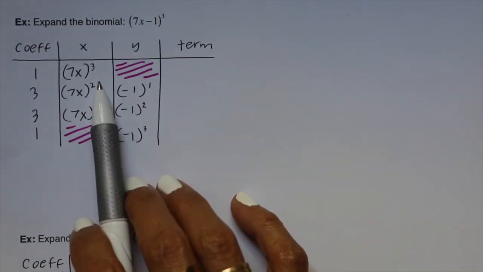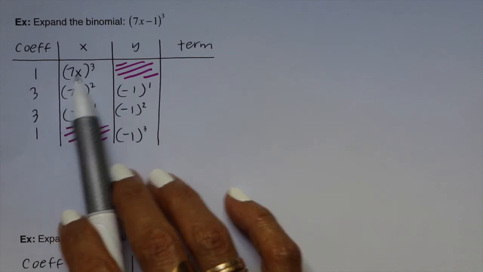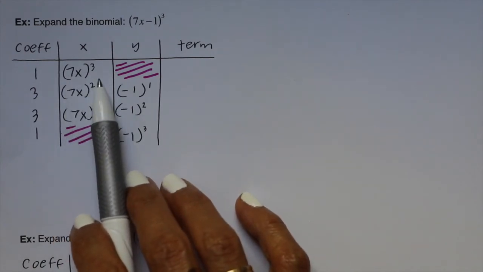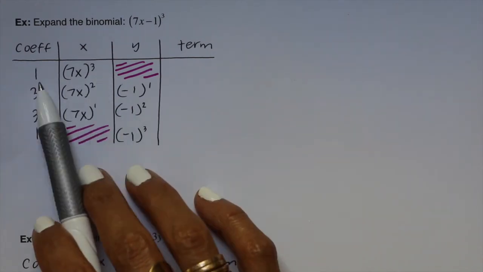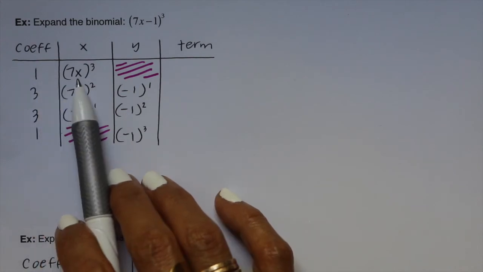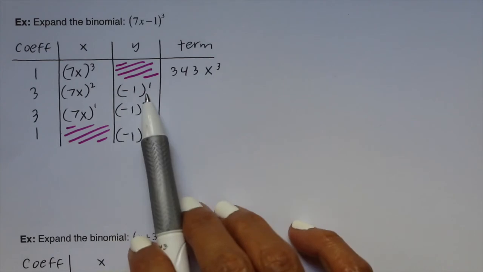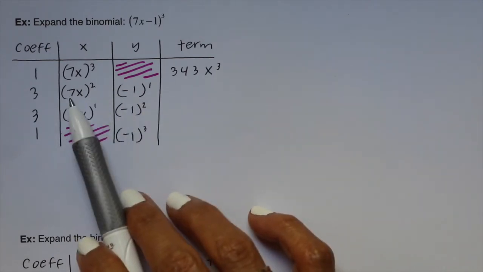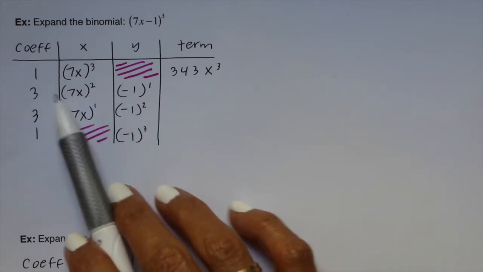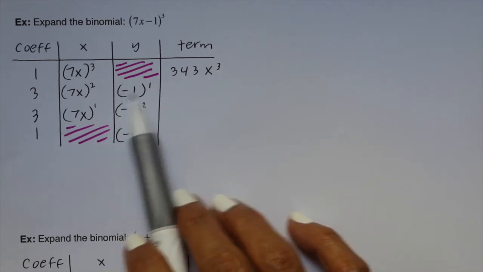At this point, if you need to grab a calculator, go for it. 7 to the third power is 343, times 1 is still 343, and then you also have x cubed. So there's our first term. For this next row, we have 7 squared, which is 49. Then we need to multiply that by 3 and negative 1 to the 1.